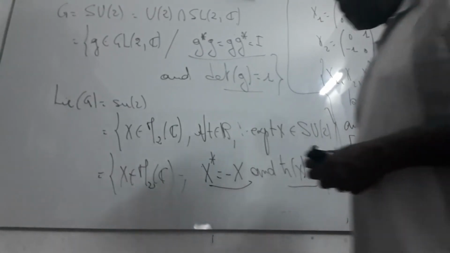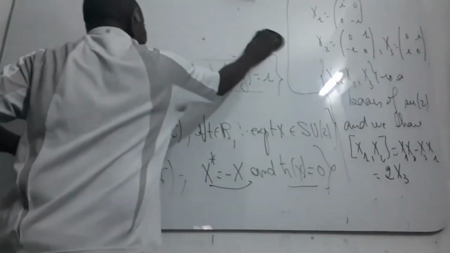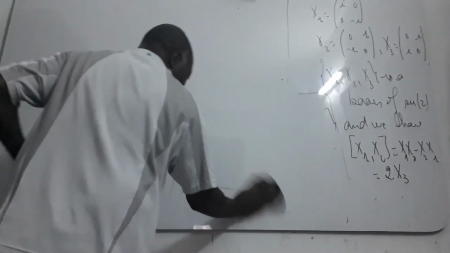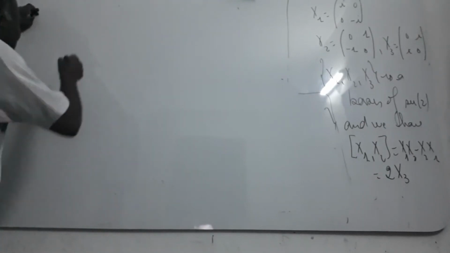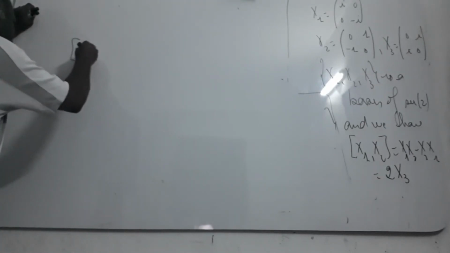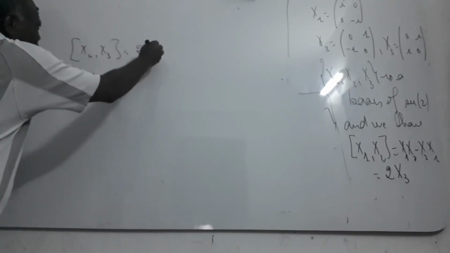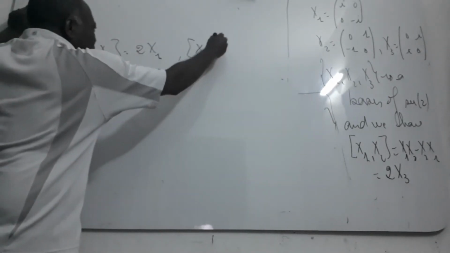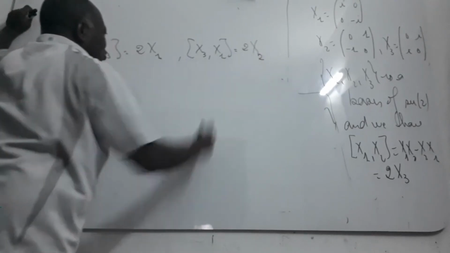The same for the bracket of S2, S3: if you compute it, you have 2 S1, and also the bracket of S3, S1, you have 2 S2.